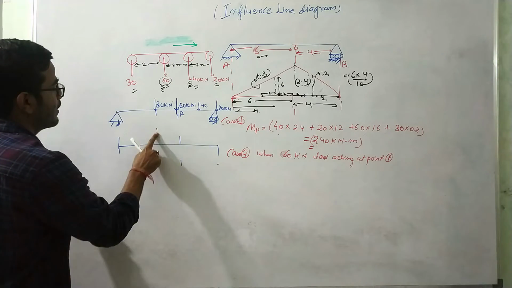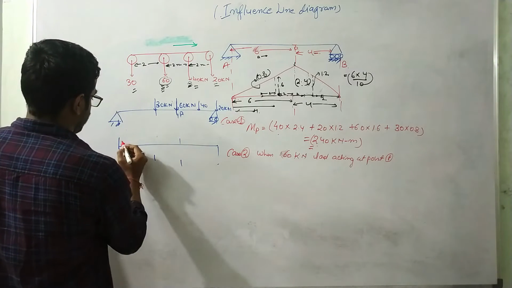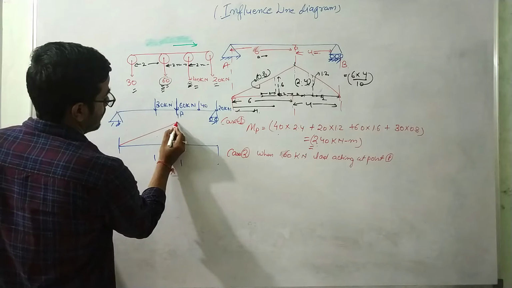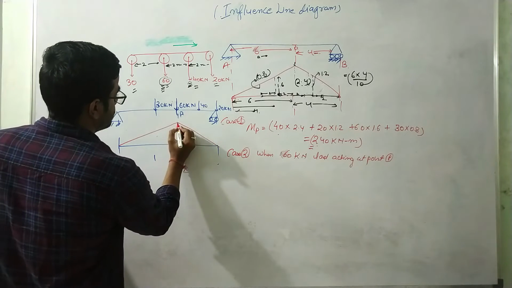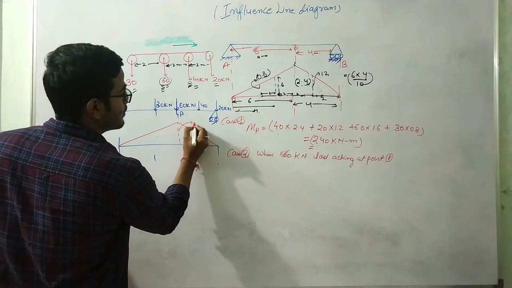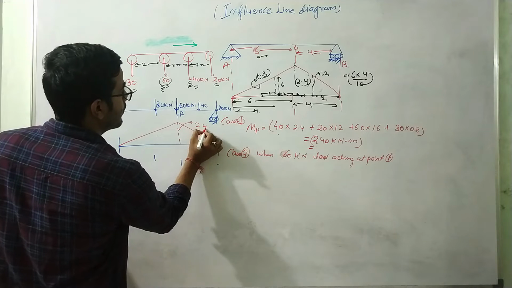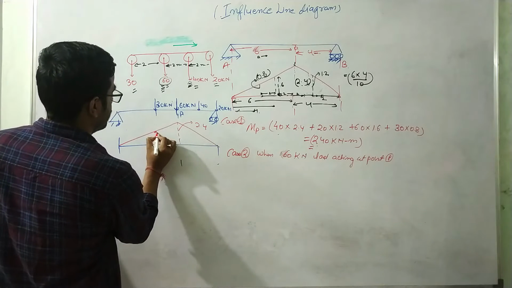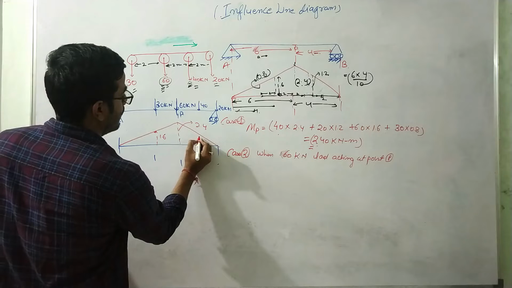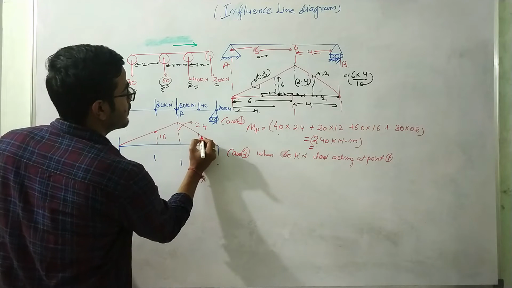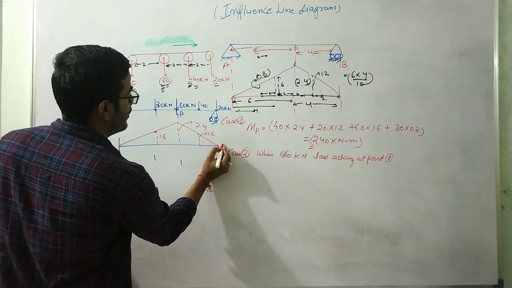Again, the influence line diagram for the unit load will be: this value is 2.4, this value is 1.6, here the value is 1.2, and here the value is 0.